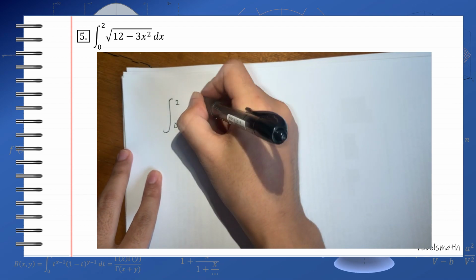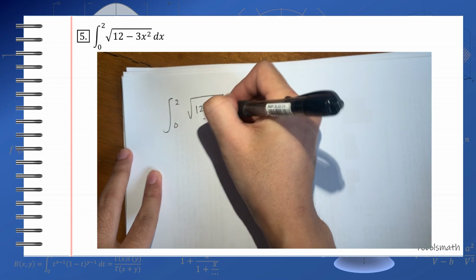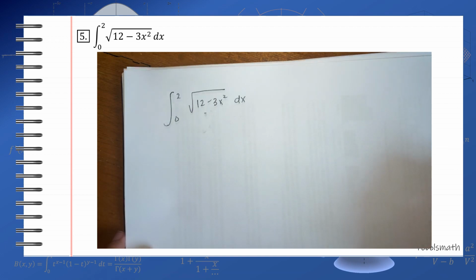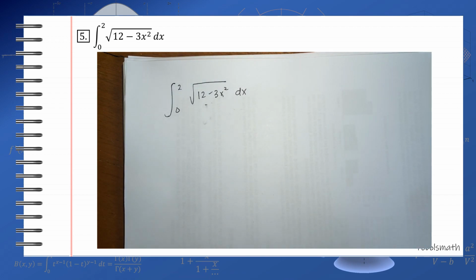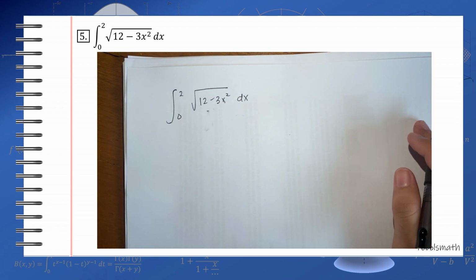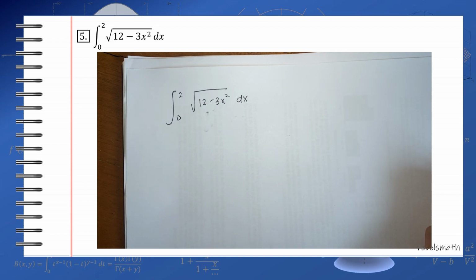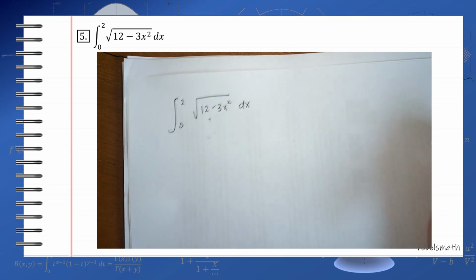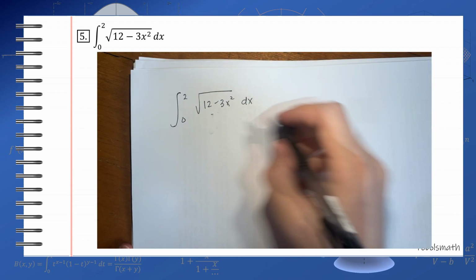Next, number 5. 0 to 2 of the square root of 12 minus 3x squared dx. Seeing a quadratic term here, you might be tempted to use trigonometric substitution. But before that, let's simplify the integrand first.